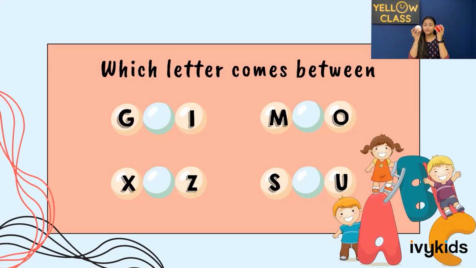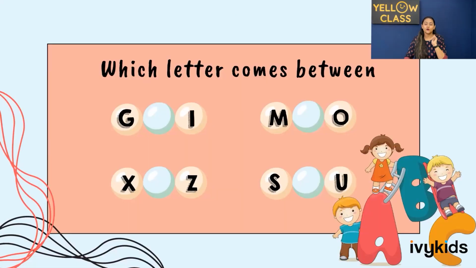Now I'm going to give you an example before we start. So I have two balls in my hand and the question is saying between. Now if I ask you, what is there between the balls? What would you reply? There is a jar between the balls, right? Similarly, you know the English alphabet, right?